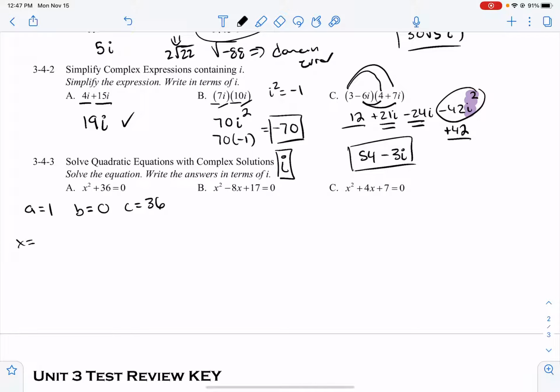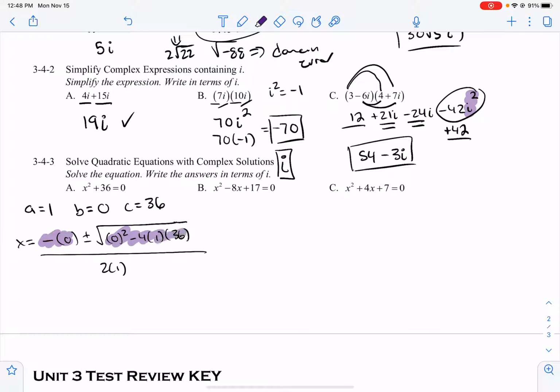So when I plug this into the quadratic formula, x equals negative 0 plus or minus the square root of 0 squared minus 4 times 1 times 36, all divided by 2 times 1. So this time when I simplify these pieces right here, what I get is x equals 0 plus or minus the square root.